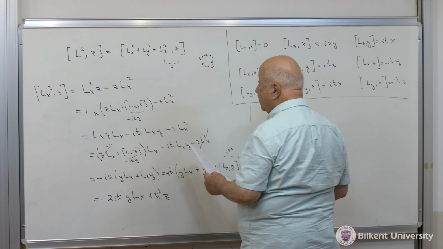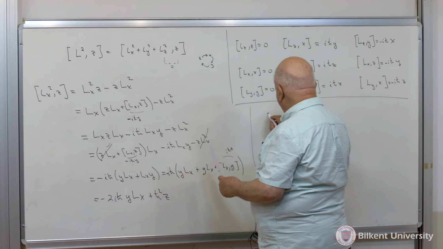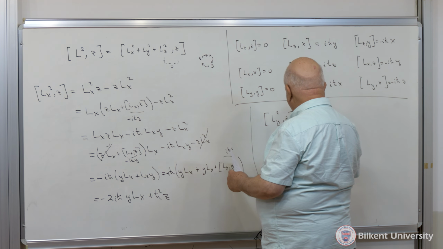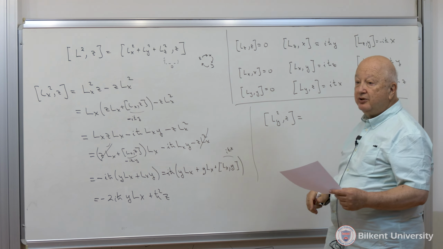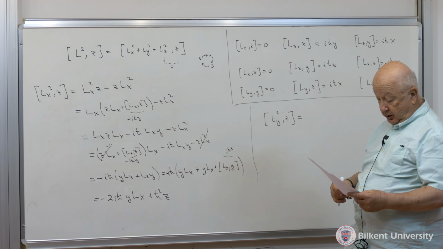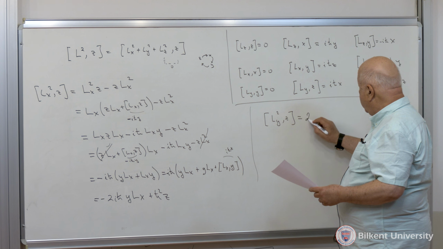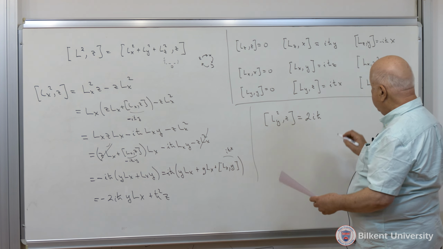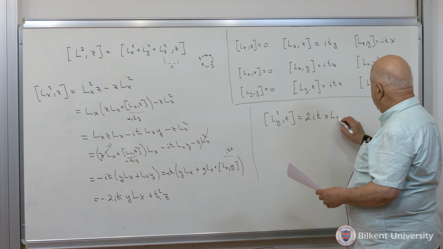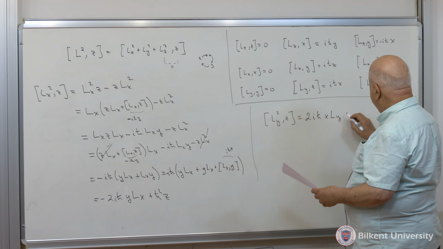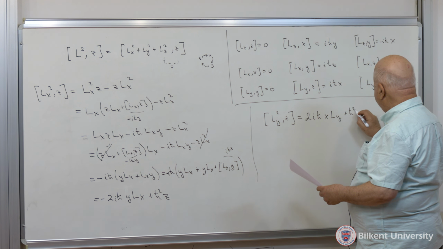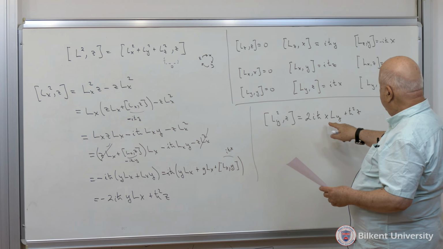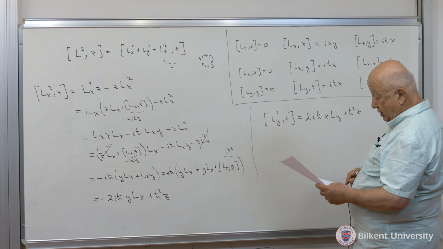So I'm going to tell you what Ly squared z is. You can guess that it's going to be very similar to this. It's going to be plus 2 i h bar x Ly plus h bar squared z again. So the z part doesn't change, but these things do change.